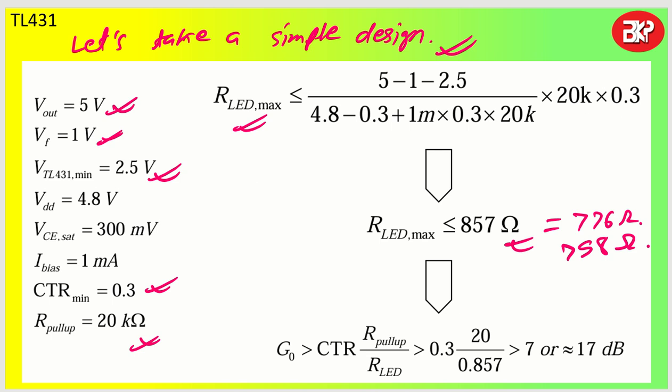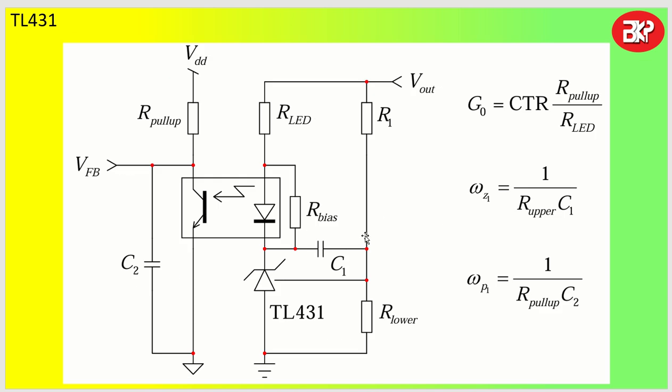Now let us see a proper feedback circuit design that we are going to take up using TL431. What we have to take care of while designing the circuit is that we have these two resistors as a voltage divider to generate a voltage level of Vx, which is going to be V reference. One more is R LED, which we just calculated to limit the current through the diode, and R bias will be the current flowing through this bias resistor.